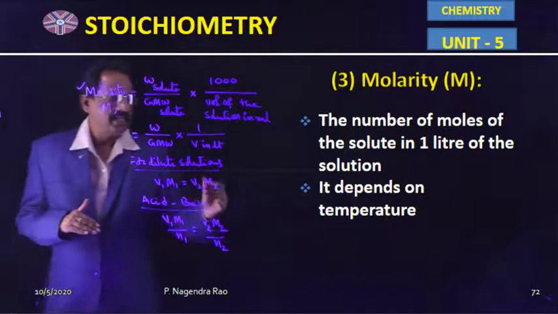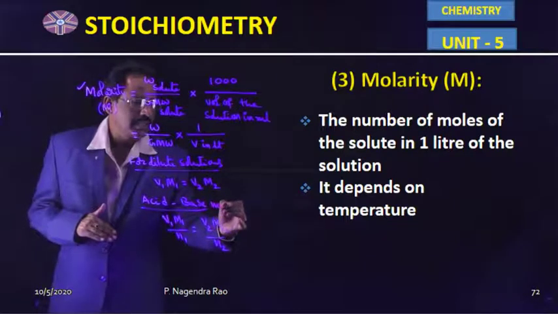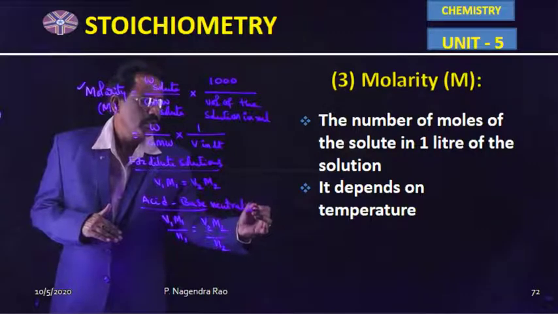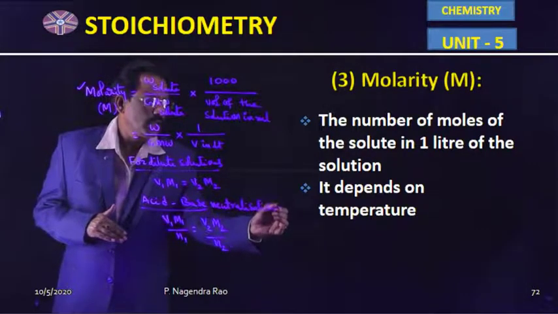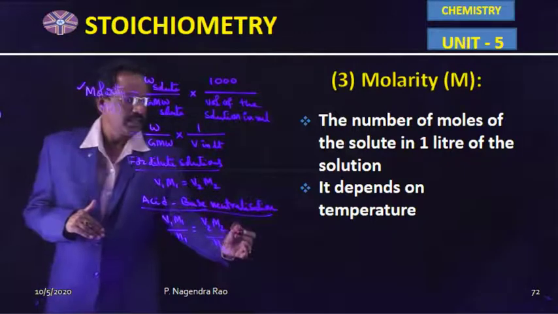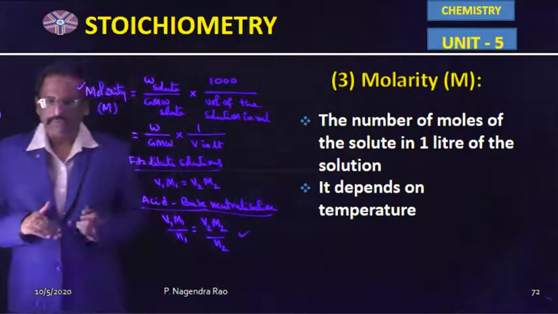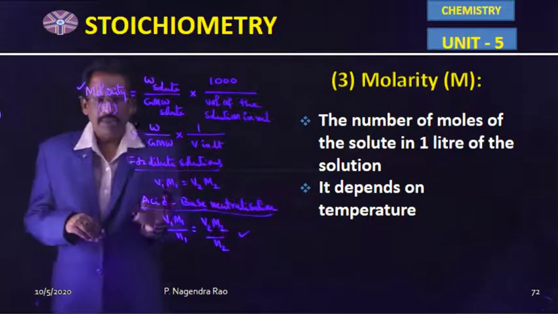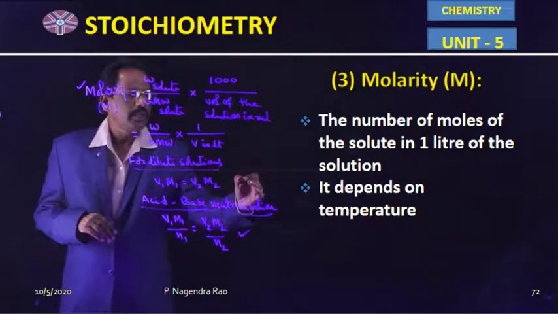So in acid-base neutralization reactions, apply this formula: V1 M1 by N1 is equal to V2 M2 by N2. For dilute solutions, V1 M1 is equal to V2 M2.